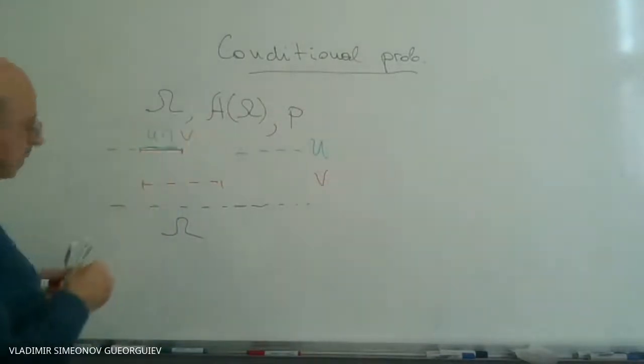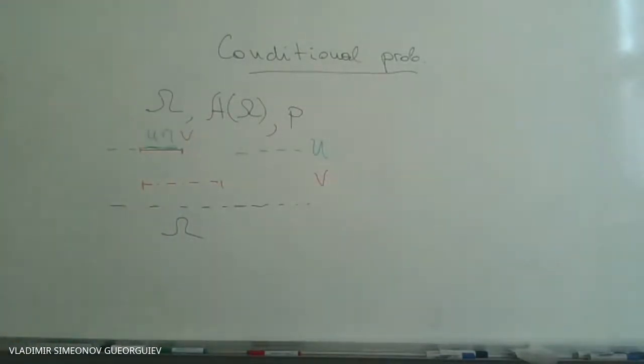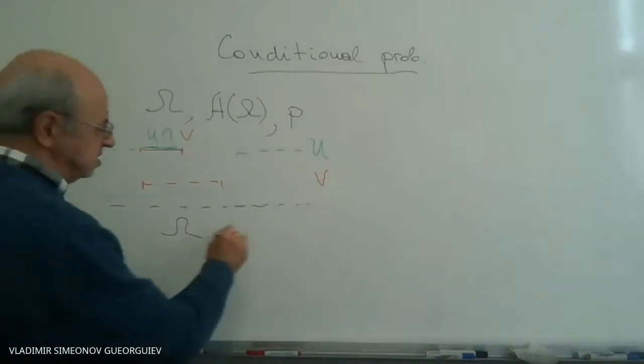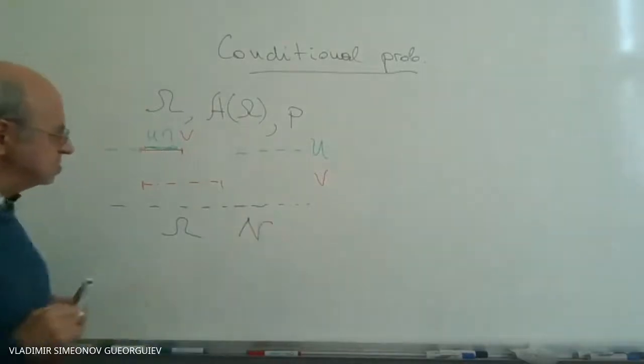Now, how shall we measure the probability of our event that is red and green when V happens? To be more precise, let us suppose that here we have N elements.